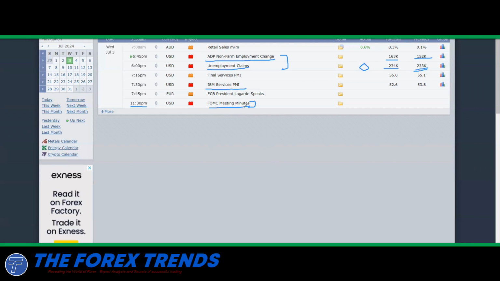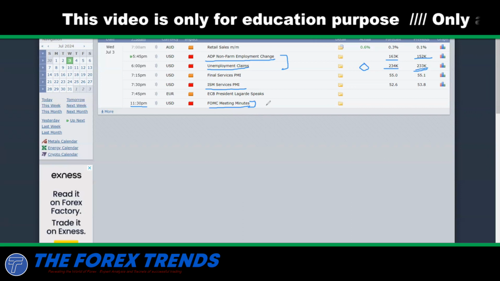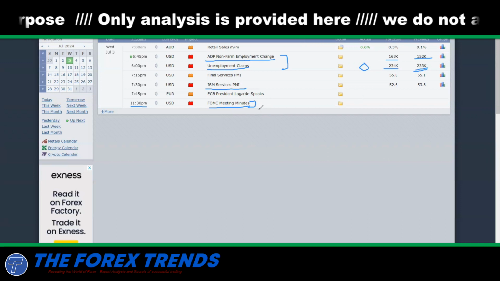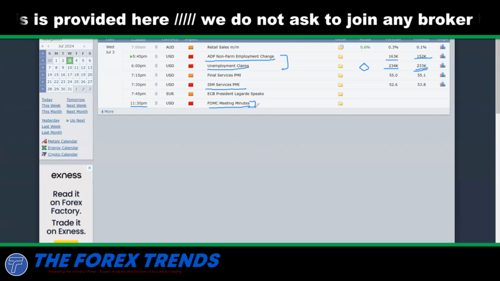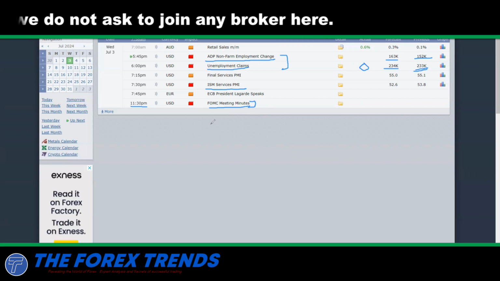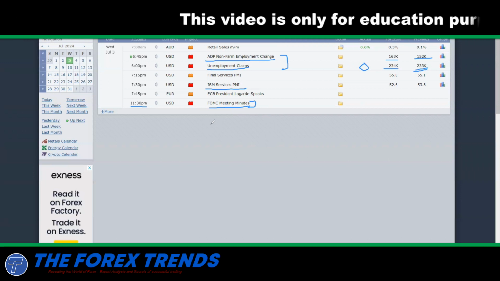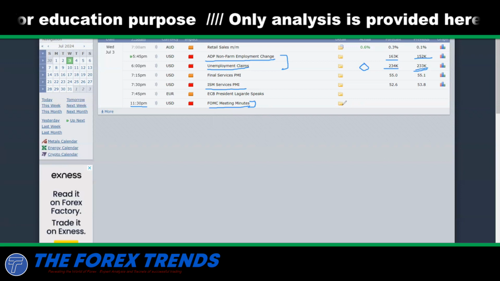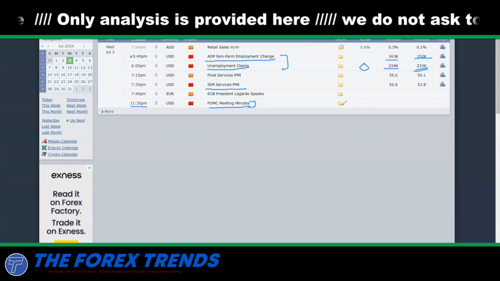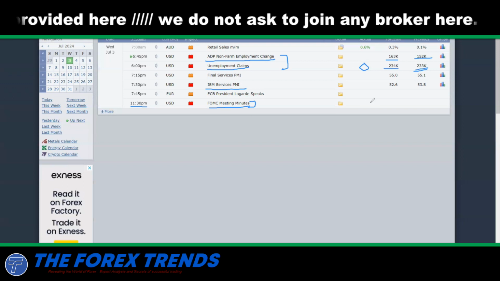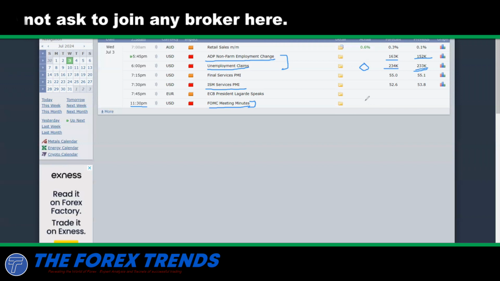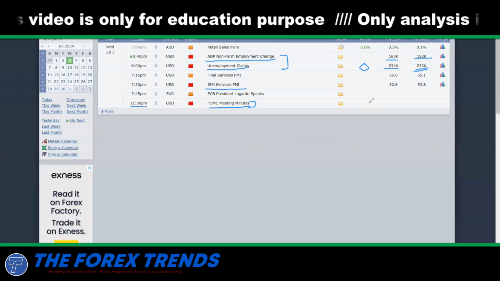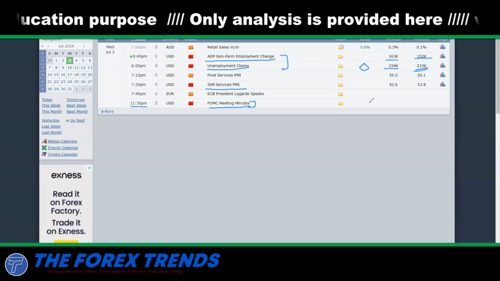So there is the FOMC meeting minutes at 11:30 p.m. As expected, we may see hawkish statements, and in the minutes they may tell us they do not have enough confidence on inflation, and they have sufficient time to cut rates, etc. They can also tell us they are still data dependent for the decision on a rate cut, because we are still far away from their inflation mandate of 2%.